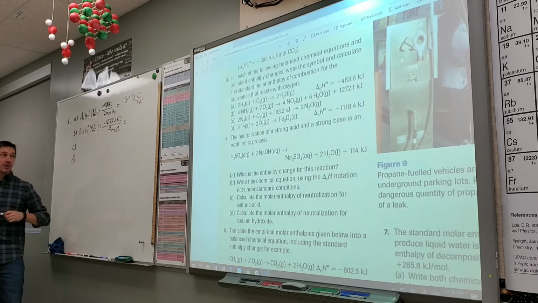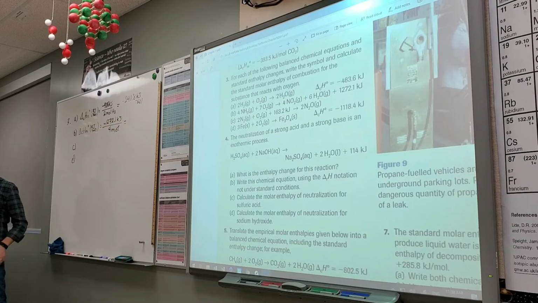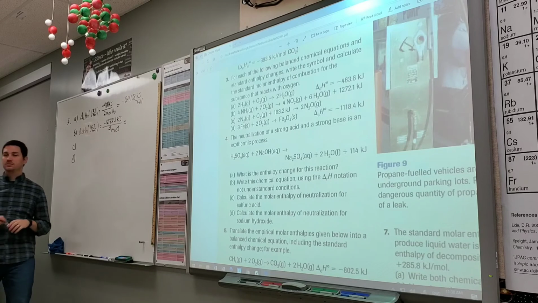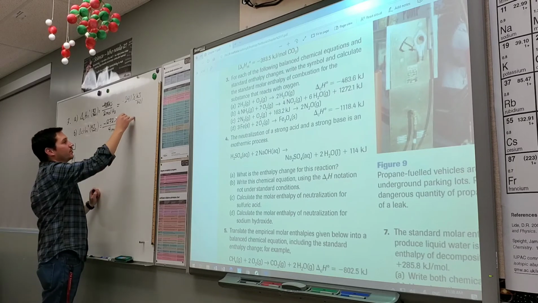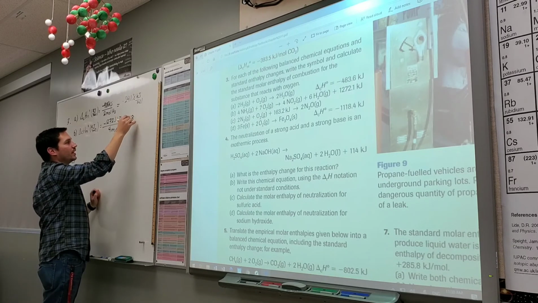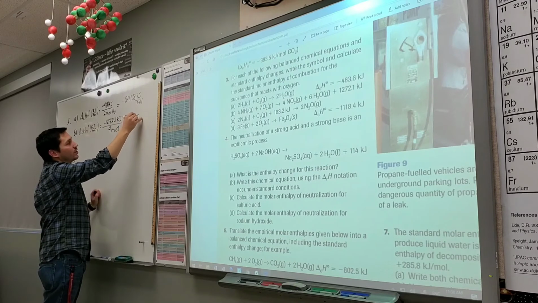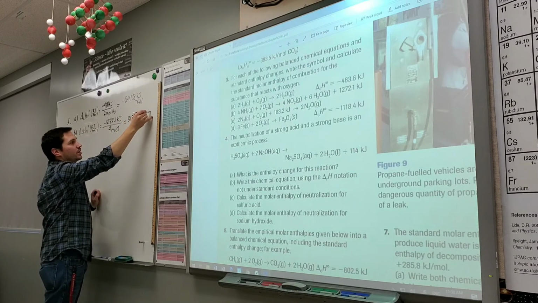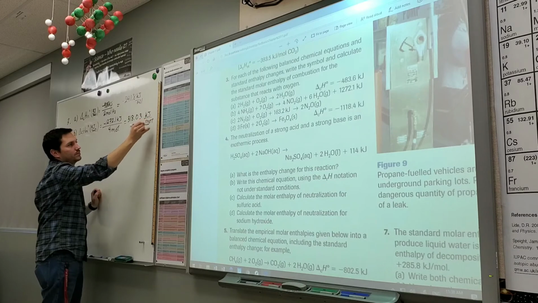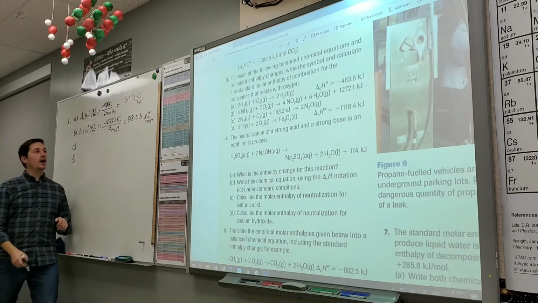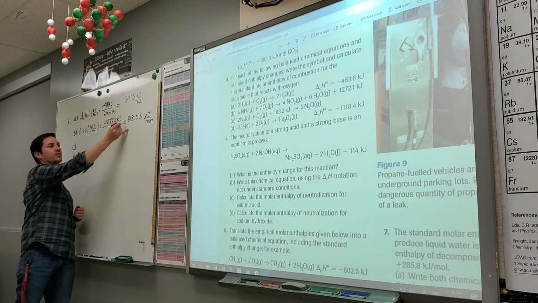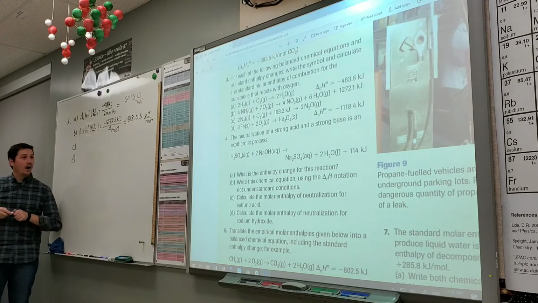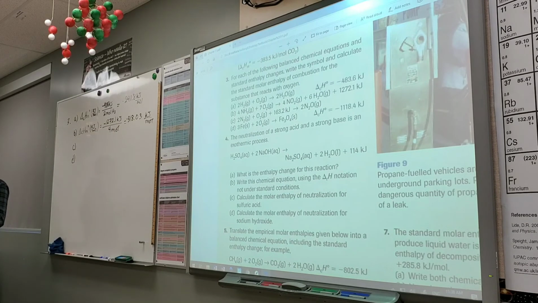It's going to be negative 318.03 kilojoules per mole. Perfect.